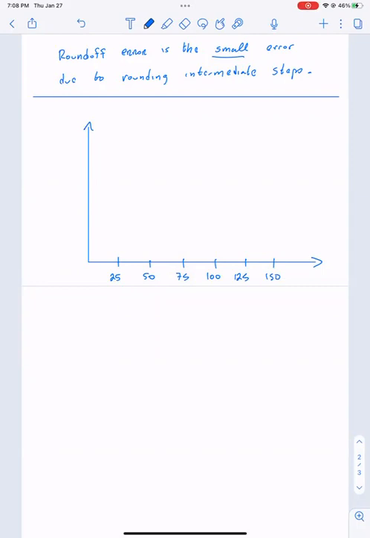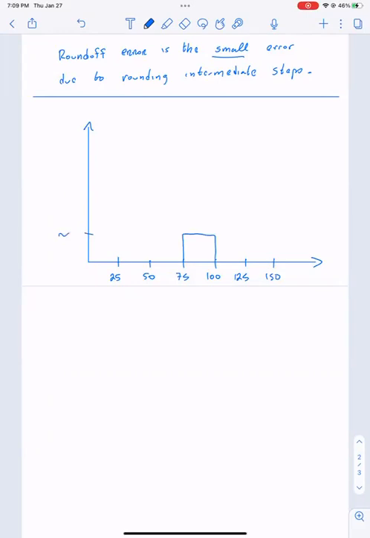I'm just going to combine all of them together into one group. All of them together into one group. And I'll say that all of the ones that fall between 75 and 100, there's whatever amount.